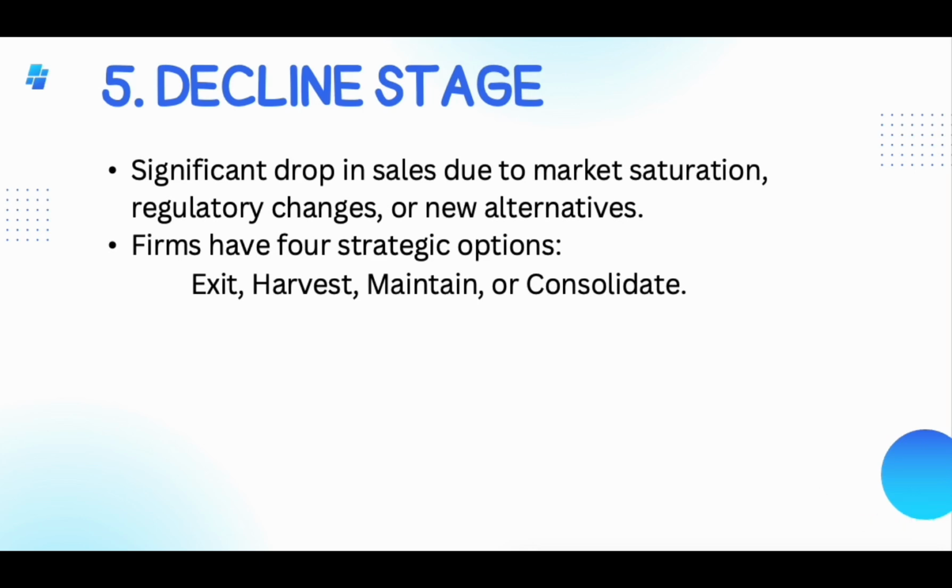And lastly is to consolidate, so merging or acquiring competitors. Firms buy out weaker competitors to control a larger market share and survive longer. It helps in reducing competition and gaining economies of scale. As you could remember, Disney acquired 21st Century Fox, right?